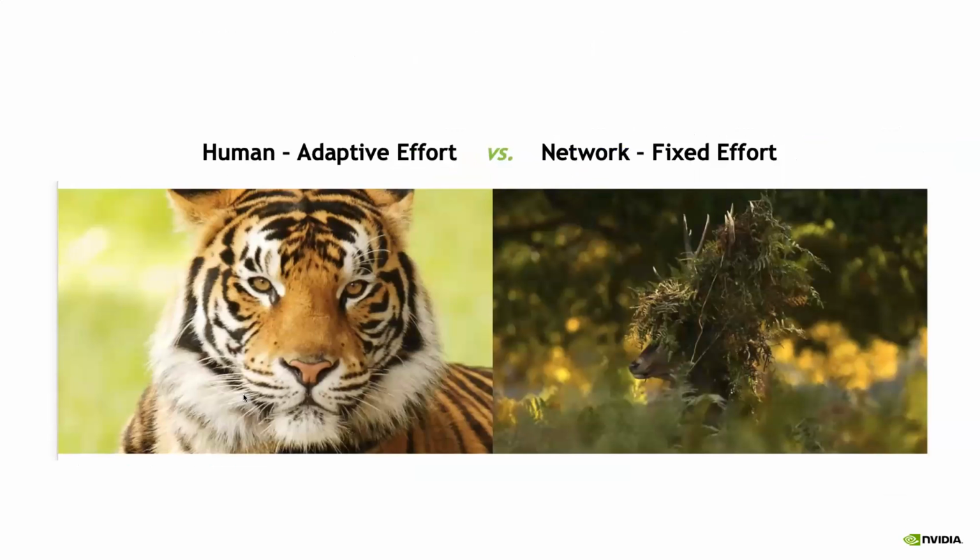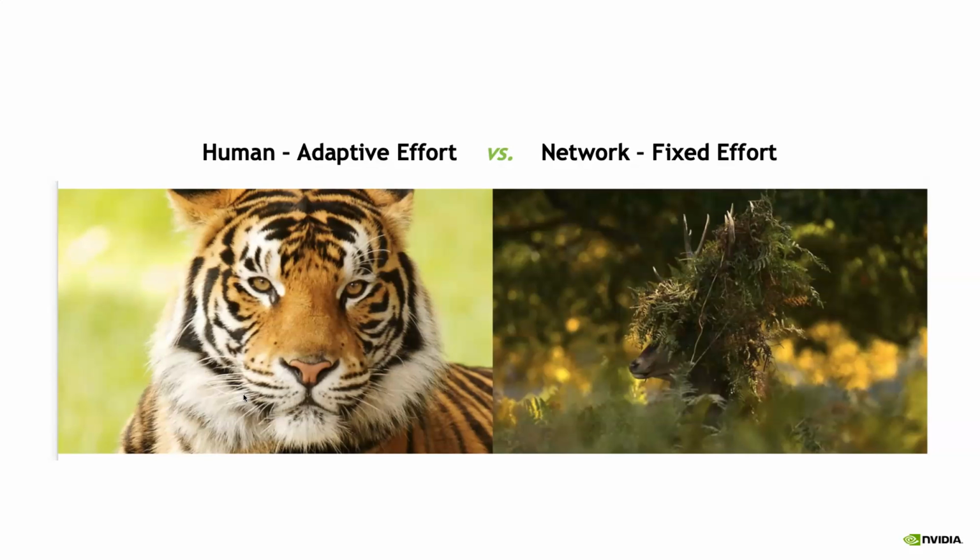Okay, another perspective which is super interesting for transformer is that it offers a unique perspective other than CNN, which is adaptive inference. As humans, we do computation differently from neural networks.